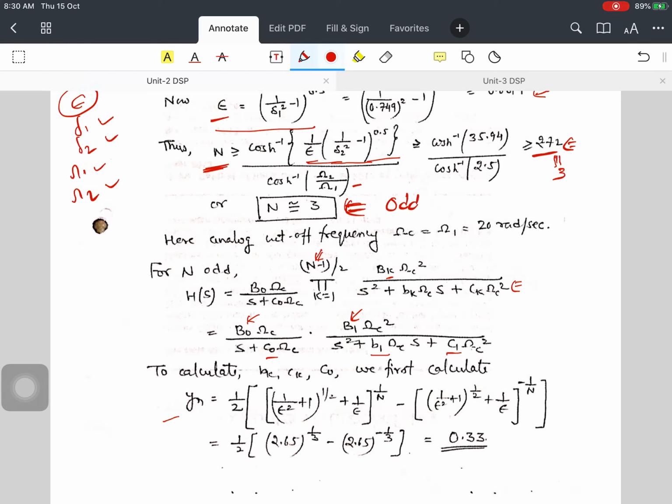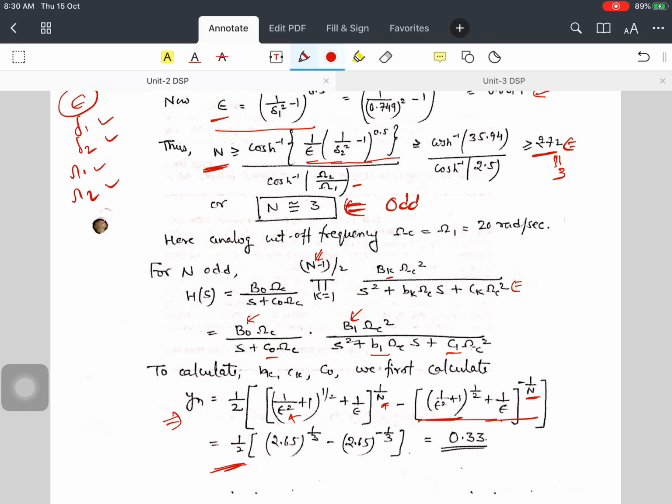We know the formula of yn: yn equal to 1 by 2 in bracket, (1 upon epsilon square plus 1) to the power 1 by 2 plus 1 upon epsilon, to the power 1 by n, minus (1 upon epsilon square plus 1) to the power 1 by 2 plus 1 upon epsilon, to the power minus 1 by n. Because epsilon is known and n is known, you can directly calculate the value of yn.